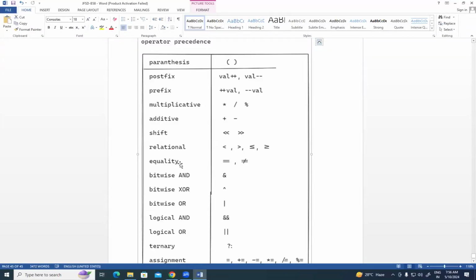Next, equality. Double equal to means equal. Exclamation equal to means not equal. Of course, in my table I have the not equal symbol like a mathematics symbol, but how do we write not equal in programming? Type exclamation followed by equal to. That is called not equal to.